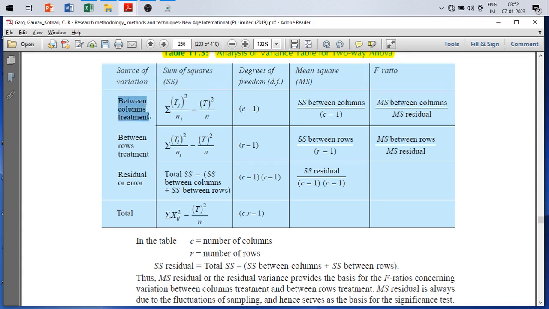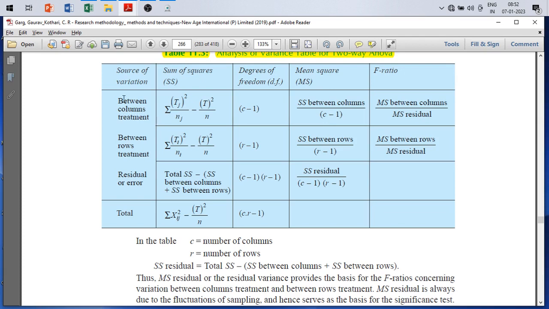Okay, and when we are calculating between columns, the sum of squares will be based on this formula, where this Tj represents the total for the column. Okay, total for a column, and you are adding this for all the columns, and the degree of freedom will be number of columns minus 1. The mean square will be this SS between columns over this degree of freedom.